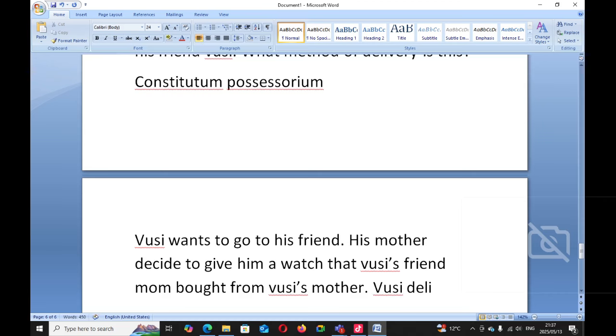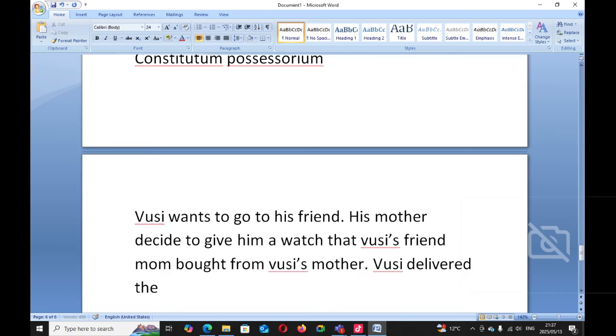Vusi delivered the watch. And then which method is this? Vusi wants to go to his friend. His mother decides to give him a watch that Vusi's friend's mom bought from Vusi's mother. Vusi delivered the watch.